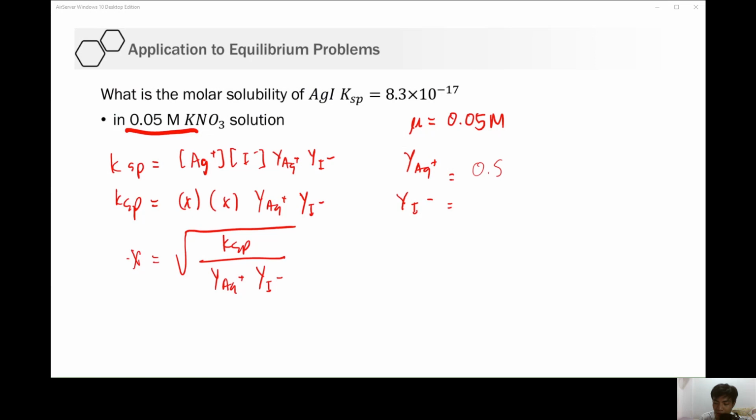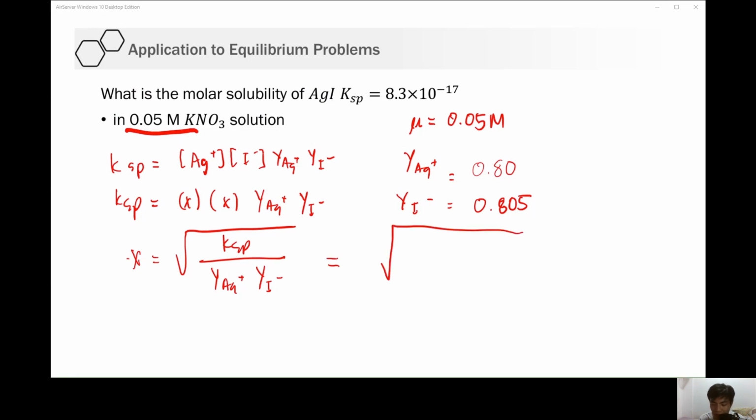Since we already know gamma, and Ksp has been given to us, we can now solve for the X value.